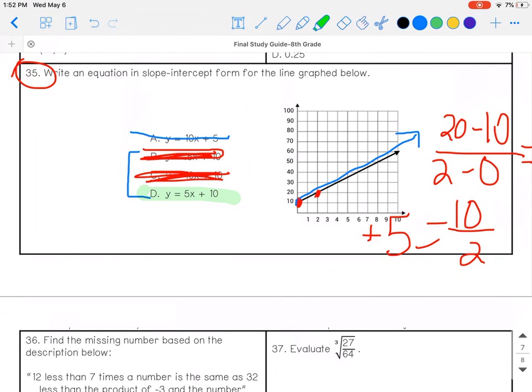So basically, we just want to make sure that we're finding that slope, and making sure we see, is there a y-intercept, or one other way to look at that is our starting point. I like to always say that's a starting point because that's where the line usually starts, at 0 x and a different number y. In this equation, it was at a positive 10.